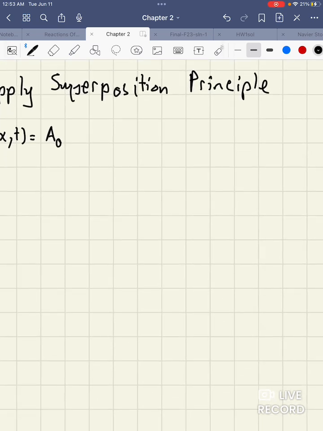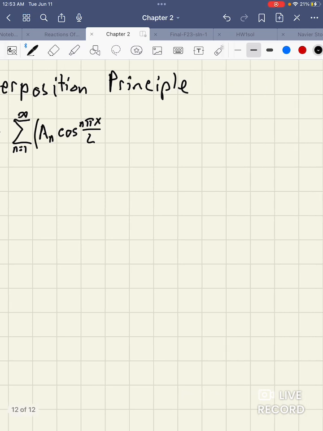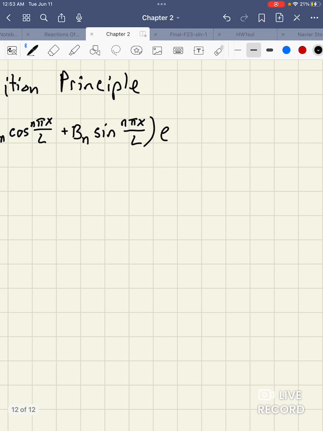So therefore we have an infinite series for cosine and then an infinite series for sine, times the time dependence of both of them.